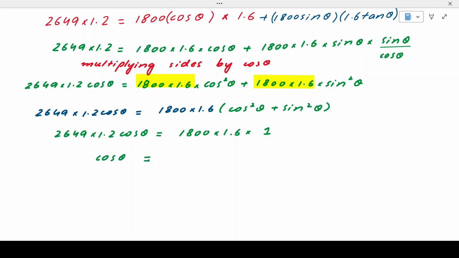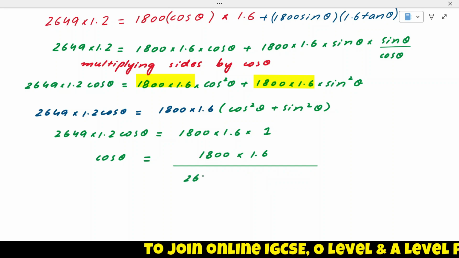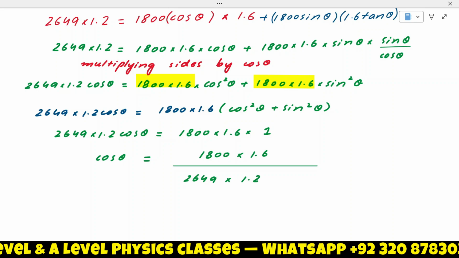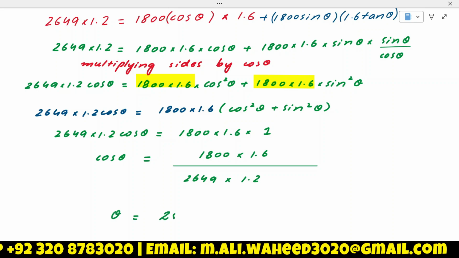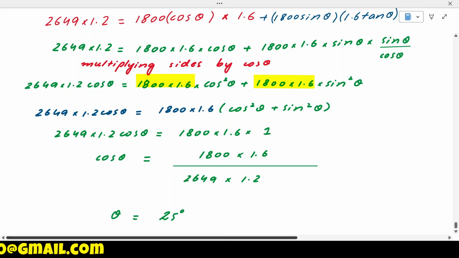So cos theta equals 1800 times 1.6 times 1, which won't make any difference, divided by 2649 times 1.2, and if you take cos inverse of the answer on the right side, you get the same answer, which is 25.